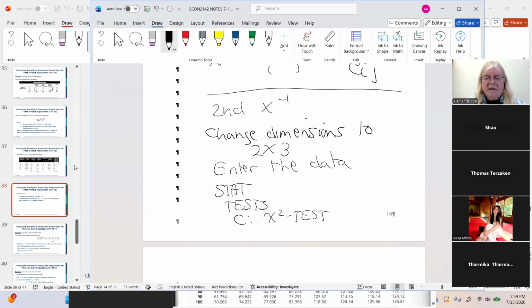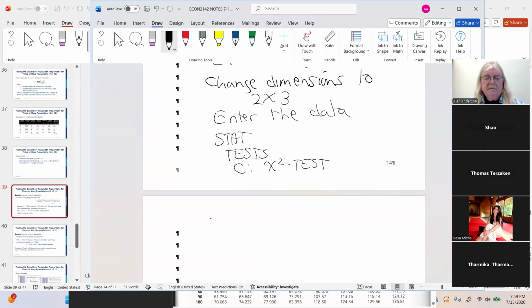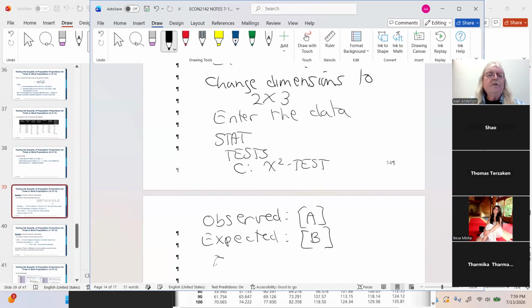And again, observed, expected, leave it at A and B. And then calculate the color. They're asking about the color. I'm not sure why that shows up here, but I'm not going to touch mine.